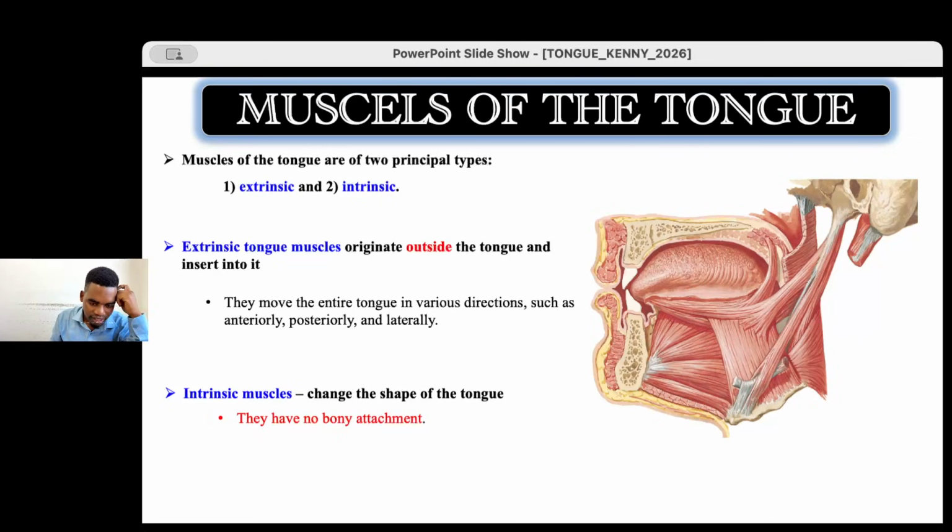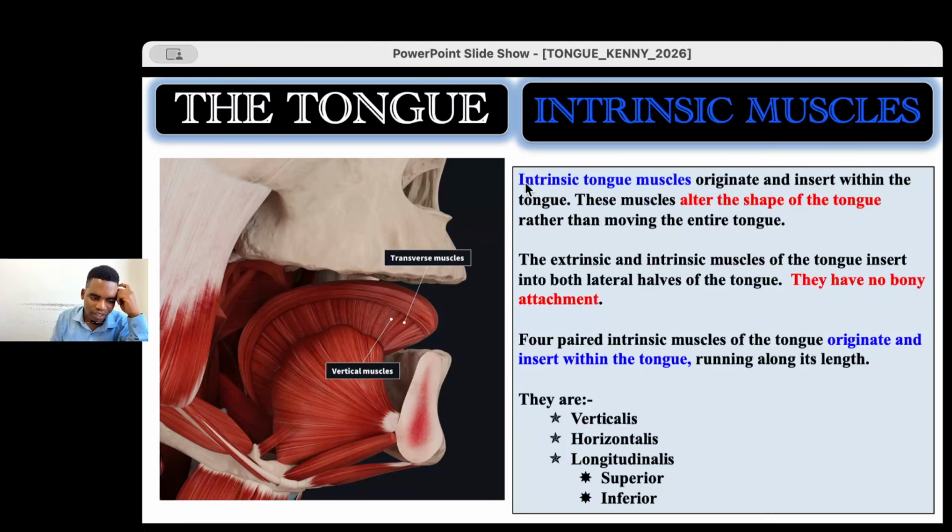Let's start in turn, starting with intrinsic muscles of the tongue. Now we have 4 intrinsic muscles of the tongue, and these muscles are defined according to orientation on the tongue. So we have muscles which we call the longitudinalis. We have 2 groups of longitudinalis, and this is why we have 4 muscles in total: the superior longitudinalis and the inferior longitudinalis.